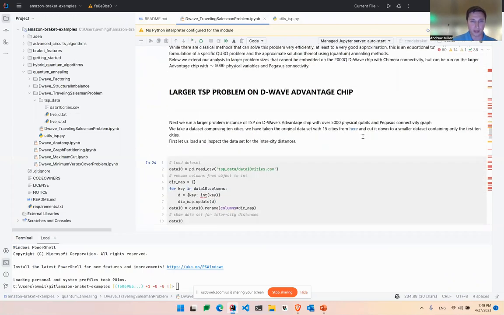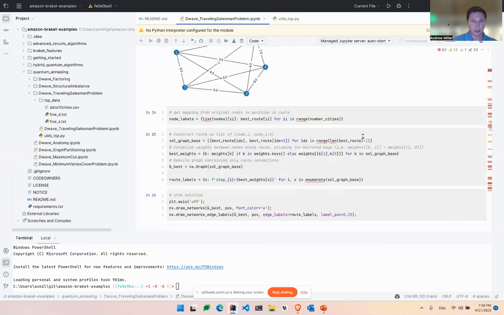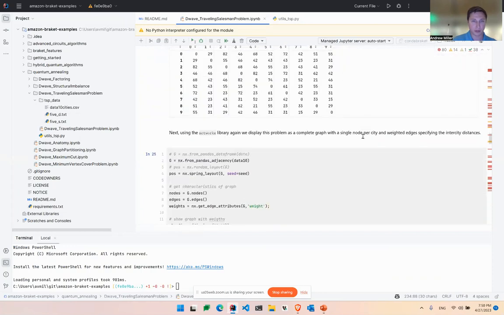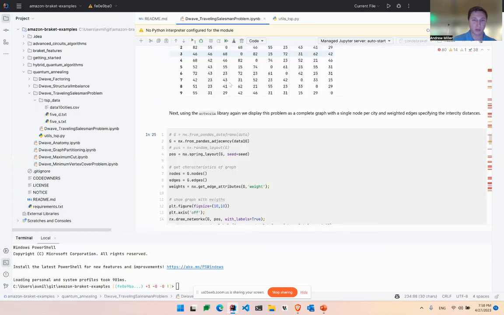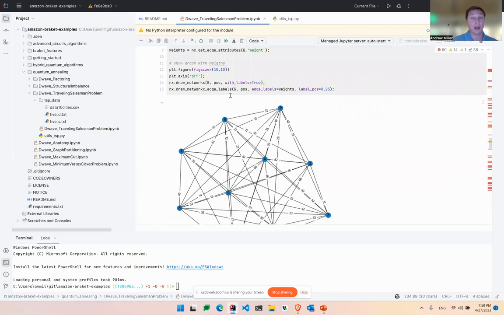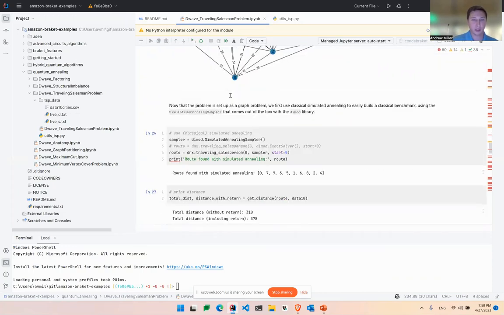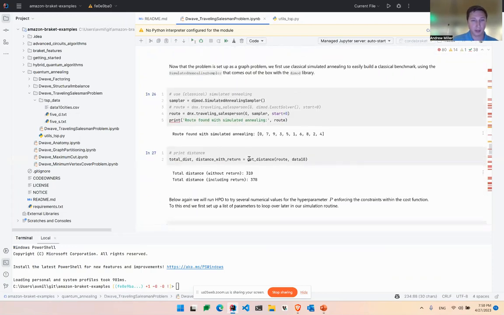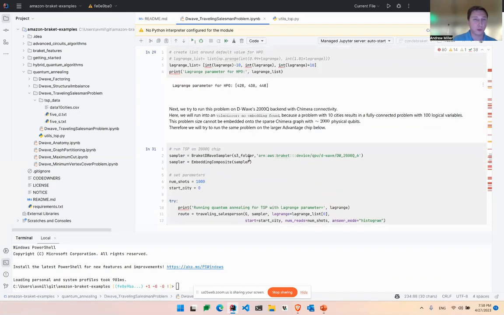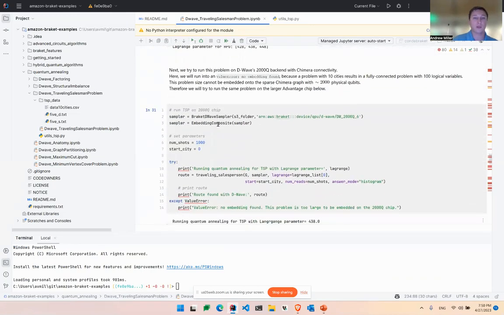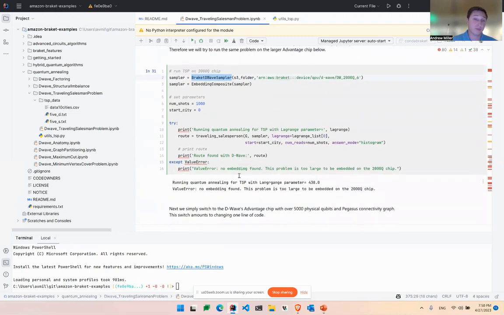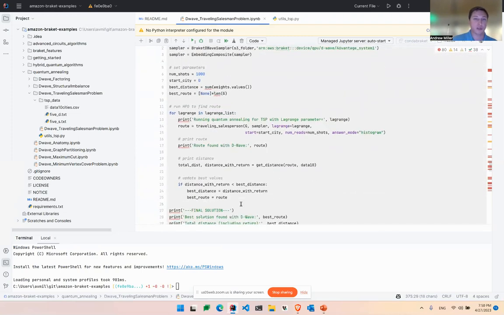So this is literally a clone of what they're basically doing. A lot of it is the same, but for Braket they just use a different sampler. But largely it's the same approach.